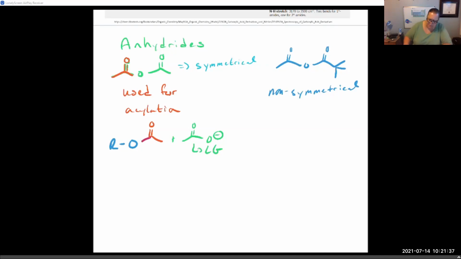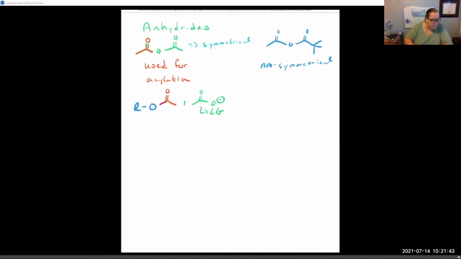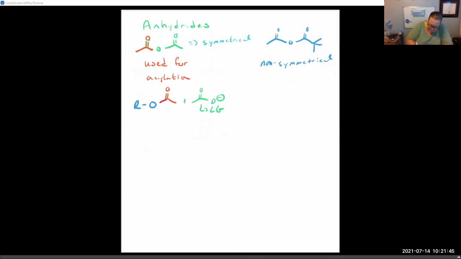They also come as cyclic. And we've actually seen one of these anhydrides, maleic anhydride.